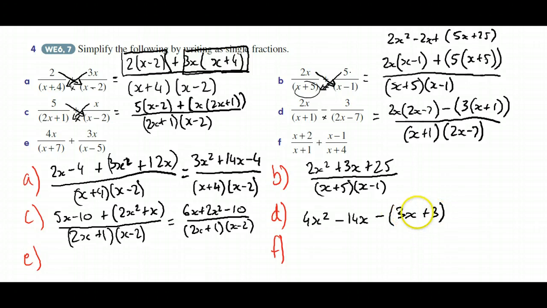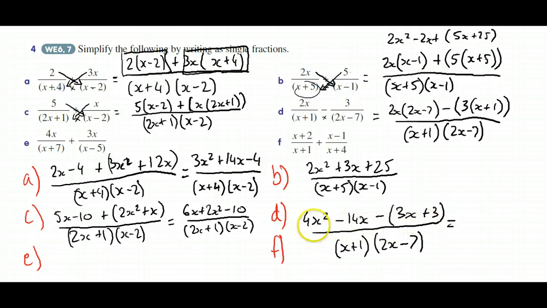Okay, so although they look positive, they're actually going to be minused, and that's all over x plus 1 and 2x minus 7.